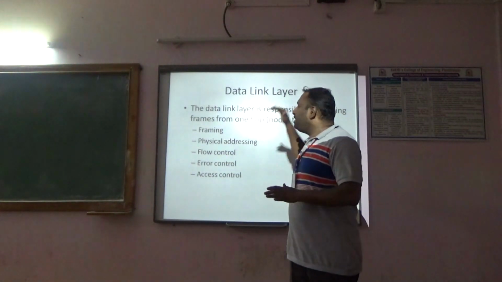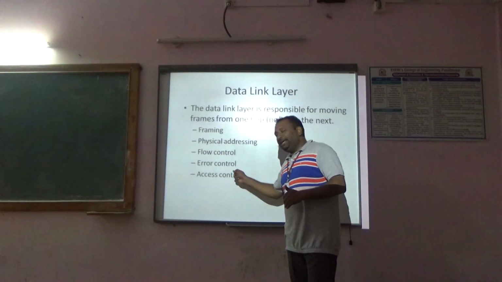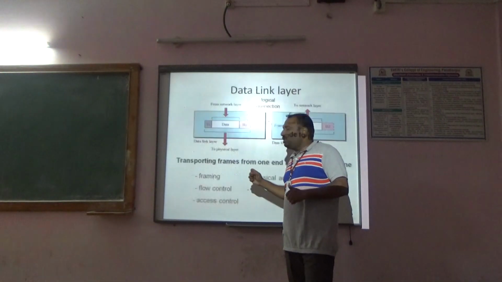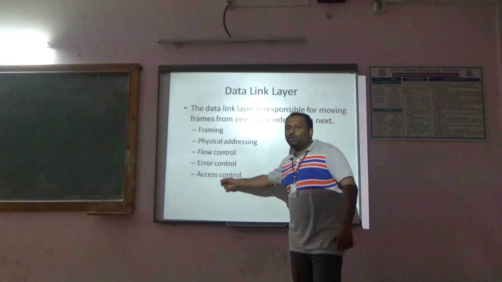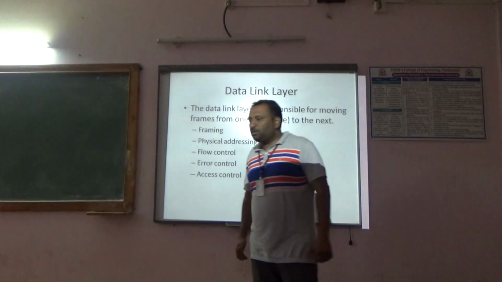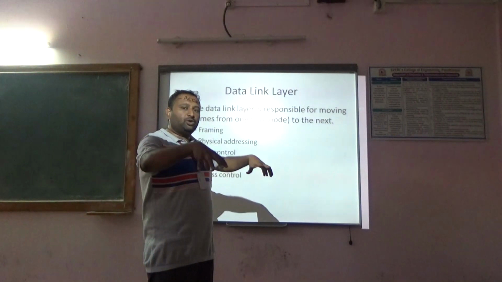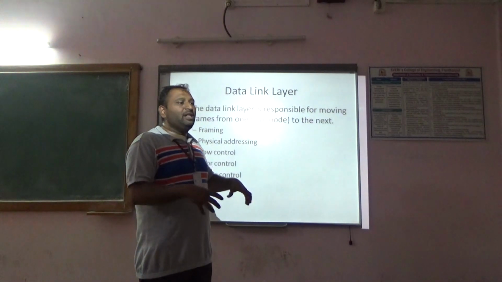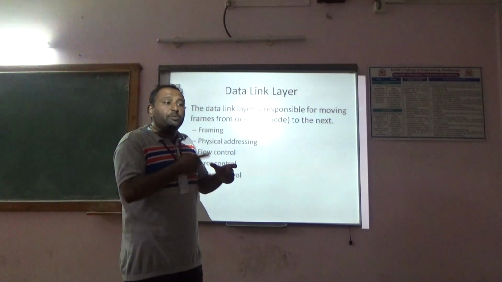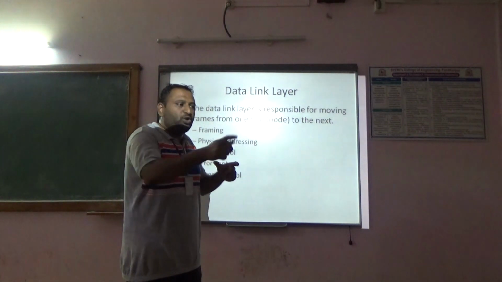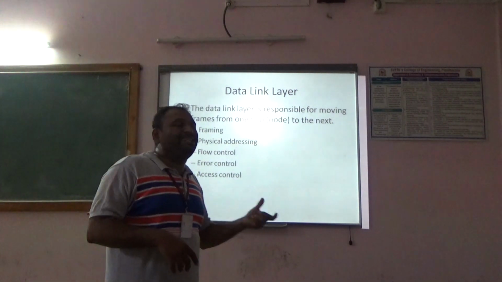Let me see, the data link layer is one of the most important layers available in the OSI reference model. It also has to concentrate on access control as well. Now what do you understand by access control? Whatever communication channel we will be using, it may be a common channel between two nodes, or it may be a dedicated channel.